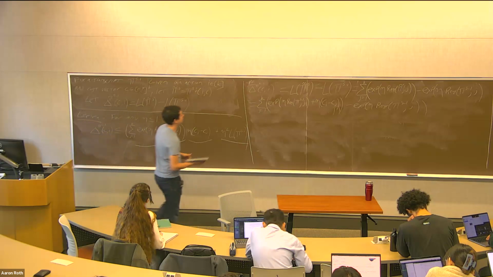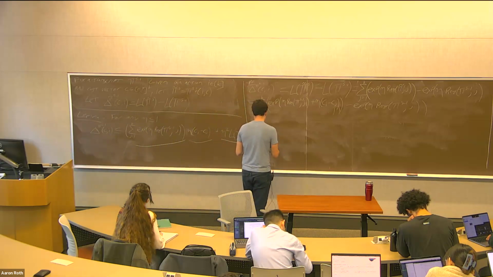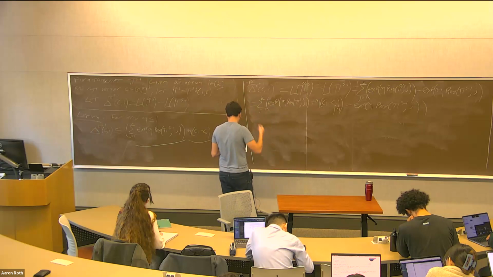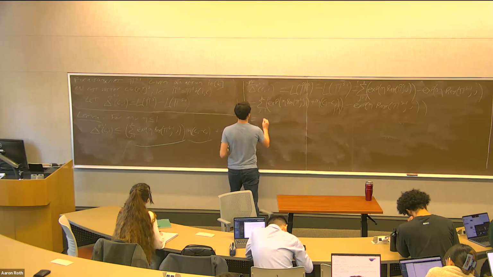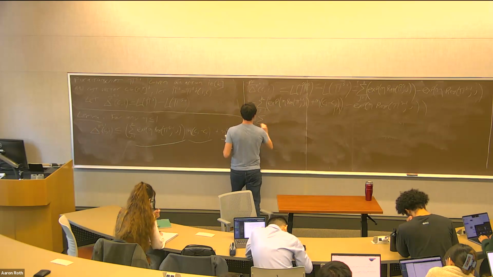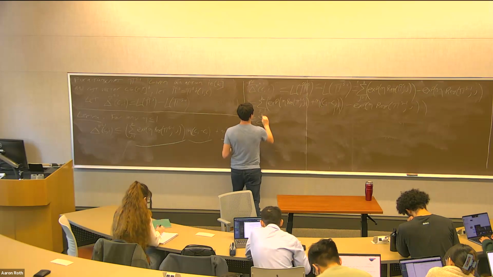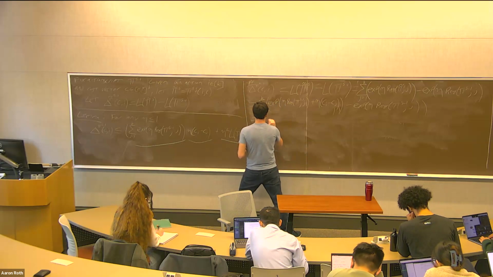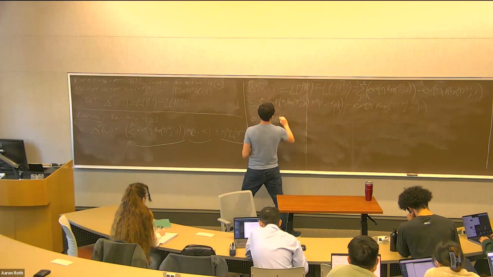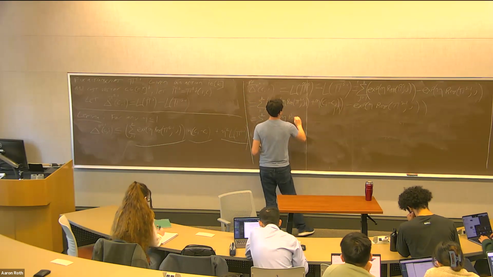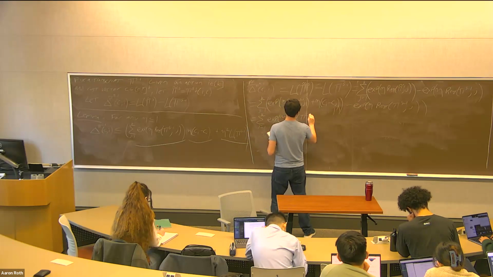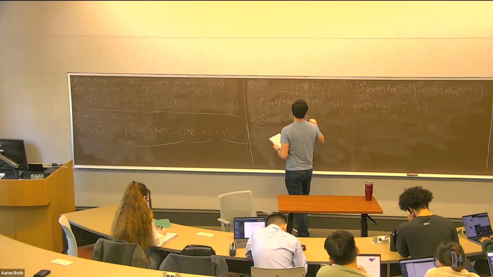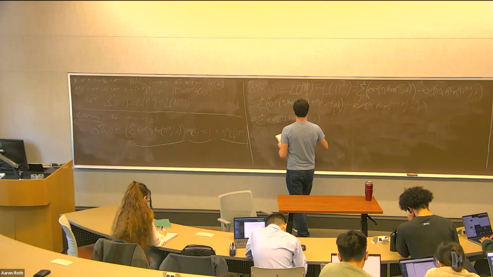So let's break things out like that. We've got the sum over the k actions of e to the eta times the regret to action j.